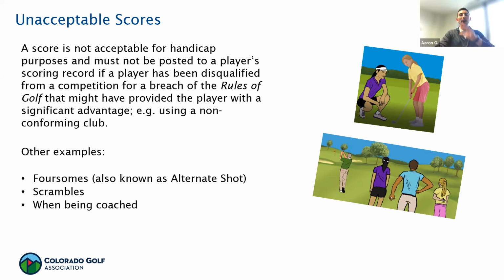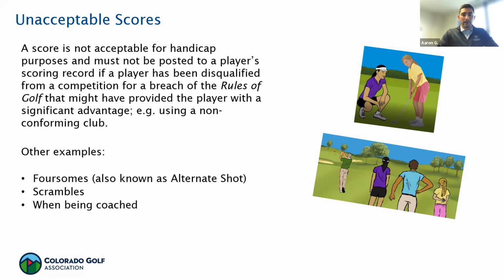So the example I always use, which hopefully you guys know the answer to, is what happens when a player completes his or her round, signs the incorrect scorecard, and is DQ'd that way. Is that a postable score? The correct answer to that is yes, because the golfer was not provided a significant advantage. He or she just signed an incorrect scorecard.